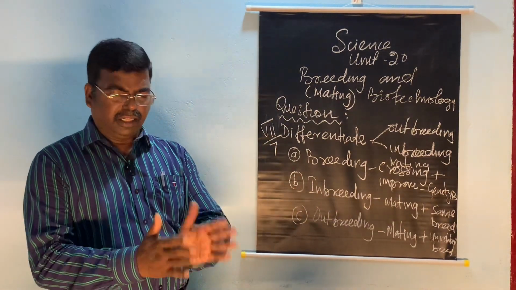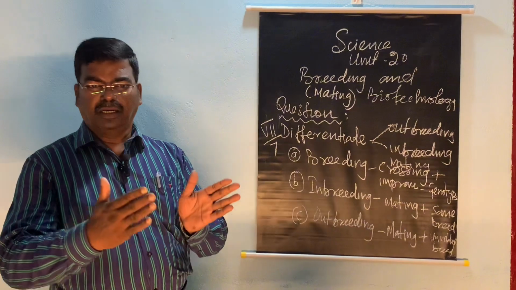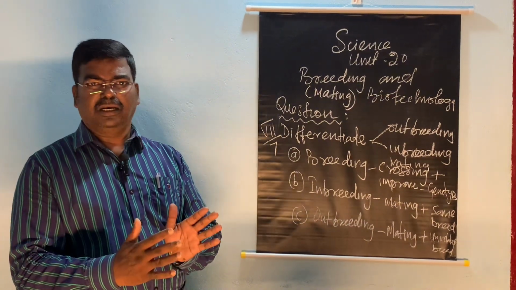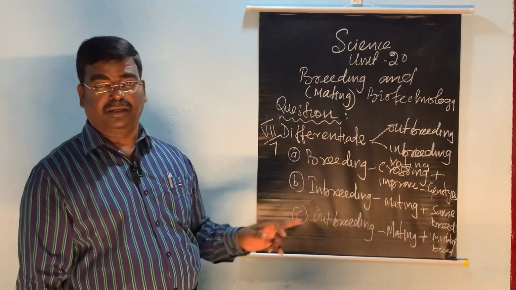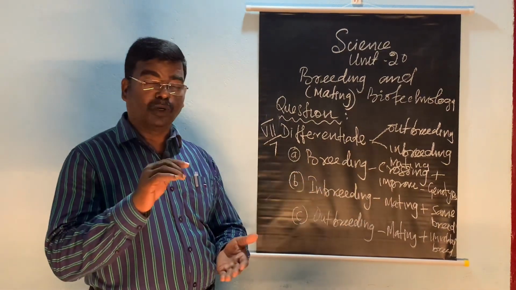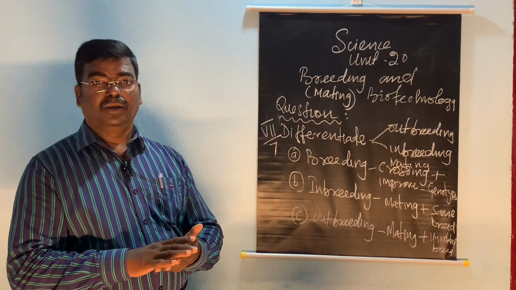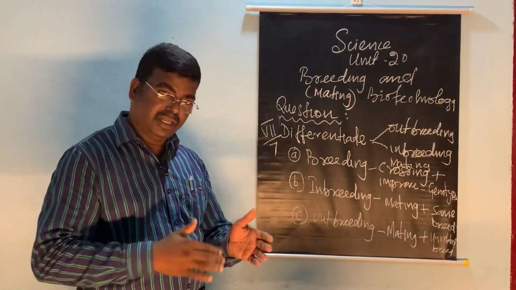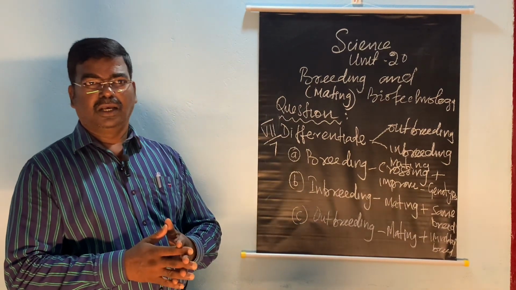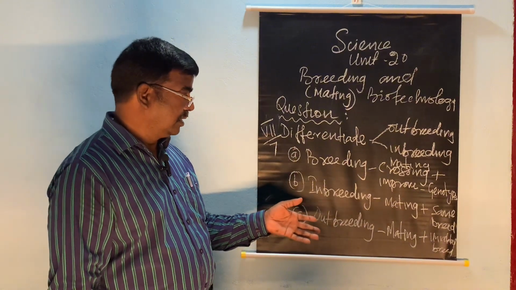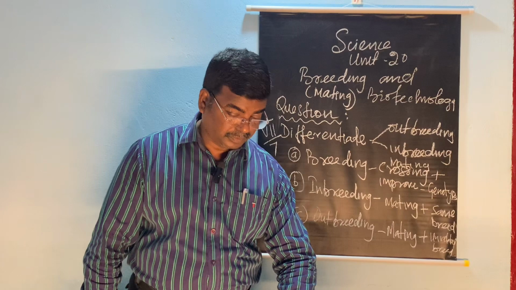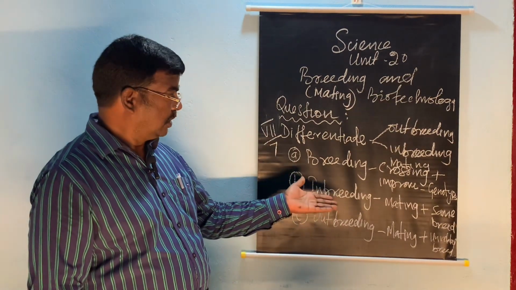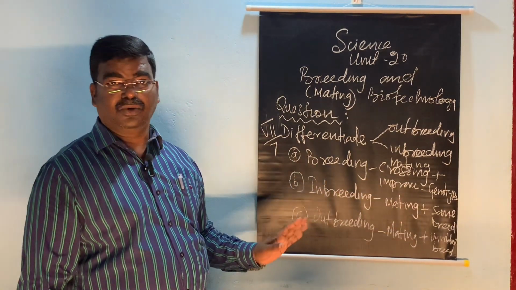We cross two animals of the same breed. That is what is called inbreeding. Inbreeding means you write the word within. So, crossing within the species, for the improvement of the organisms or getting the superior variety.